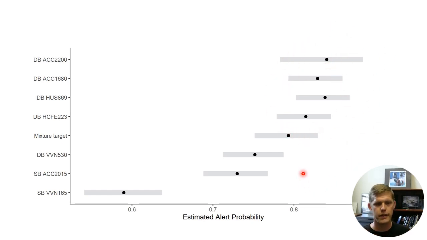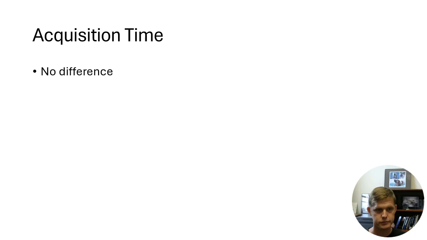We did have a couple that the dogs seemed to have a bit of difficulty with, from a European manufacturer. VVN 530 was a little more difficult. The single base from Accurate was a little more difficult. And ultimately the hardest one was the single base from the European manufacturer, specifically the 165 variety, which the dog struggled with the most.